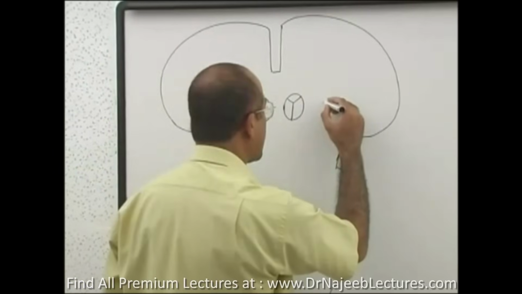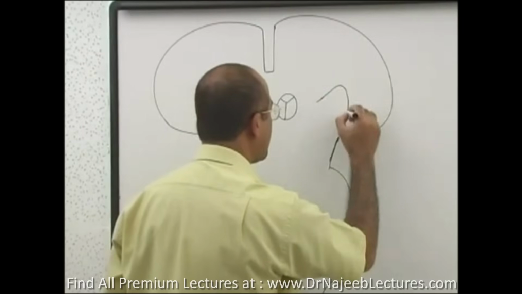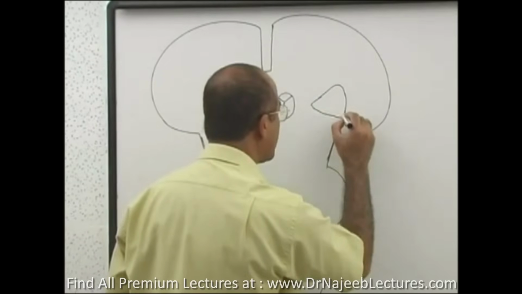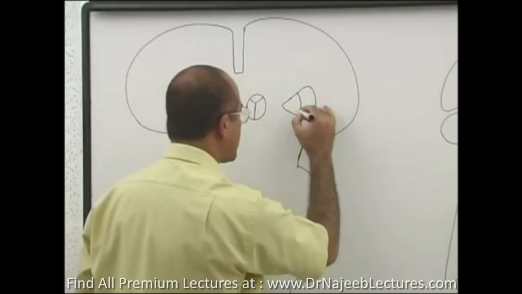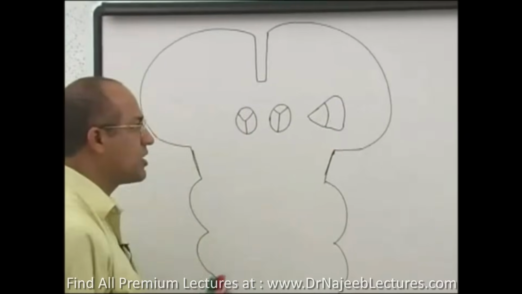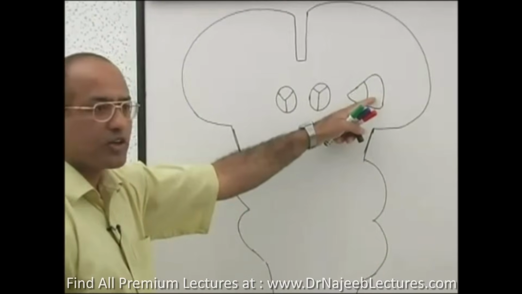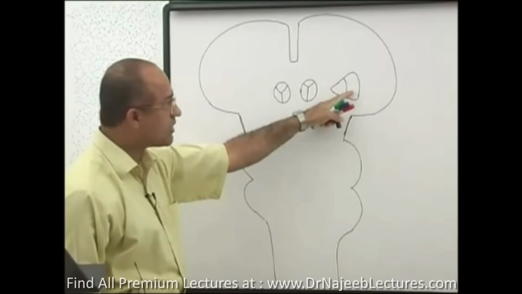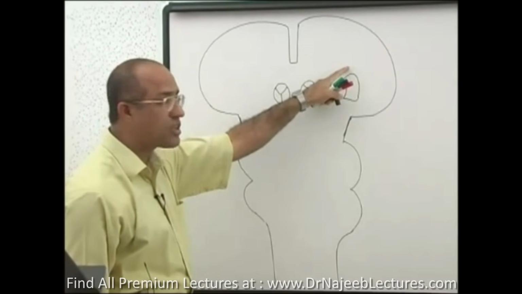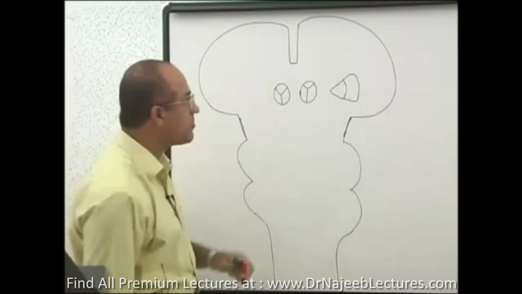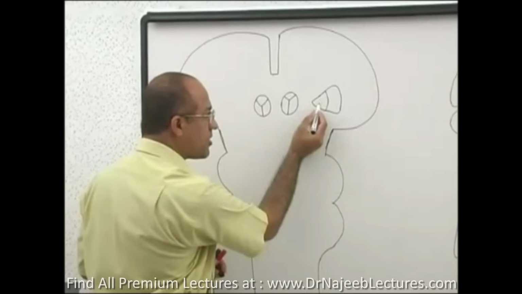Basal ganglia, I'm going to draw it here, and this structure is the outer structure. Let's suppose this is representing corpus striatum, but actually this is putamen, and along with the caudate, it makes the corpus striatum. And this is globus pallidus.